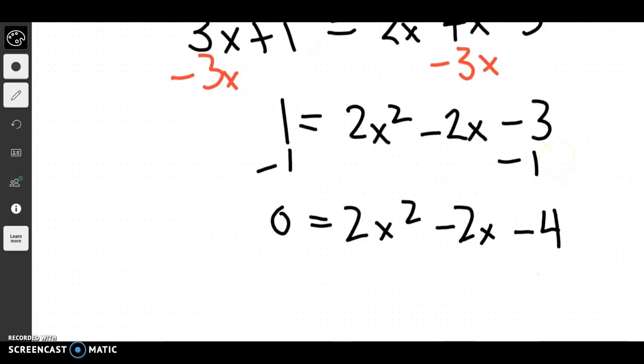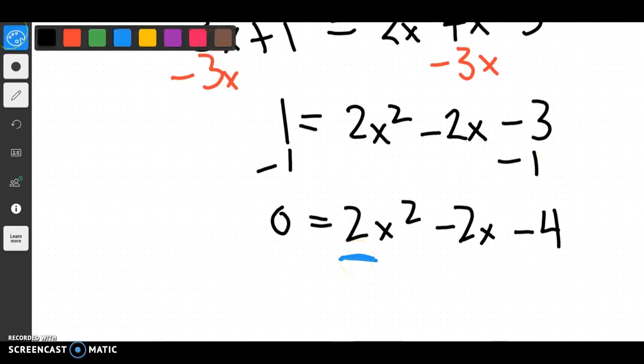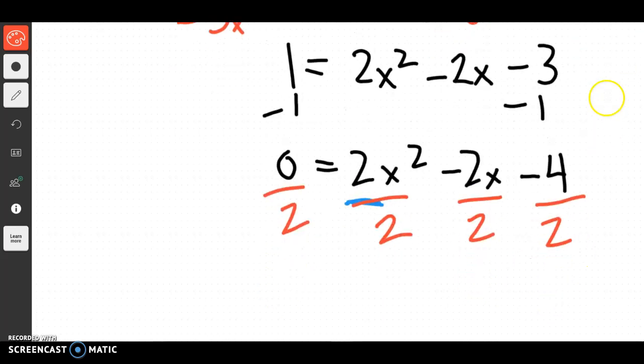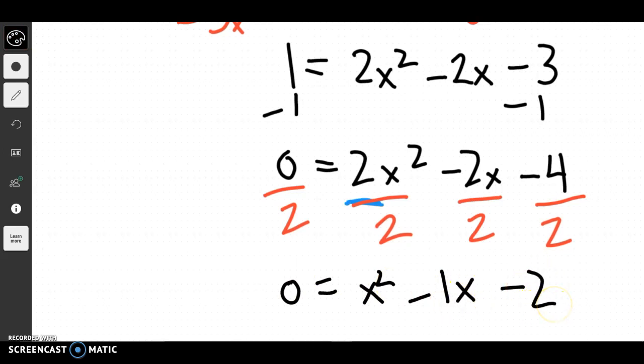Now, at this stage, it should look just a little bit different from the last one because we have a number in front. Anytime you have a number in front, the first thing I would do is try to divide it out. So we have a 2 there, so I'm going to divide everything by 2 to get rid of it. That would become 0 equals x squared minus x minus 2.